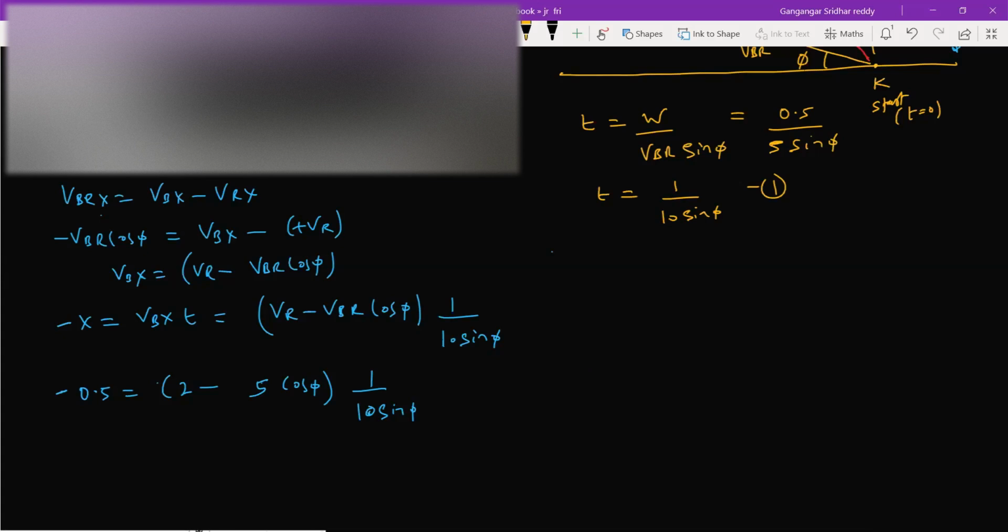So this will be 2, so this will be minus of sin phi, 2 minus cos phi. So this will become cos phi minus sin phi equal to 2 by 5. So adjust 1 by root 2.